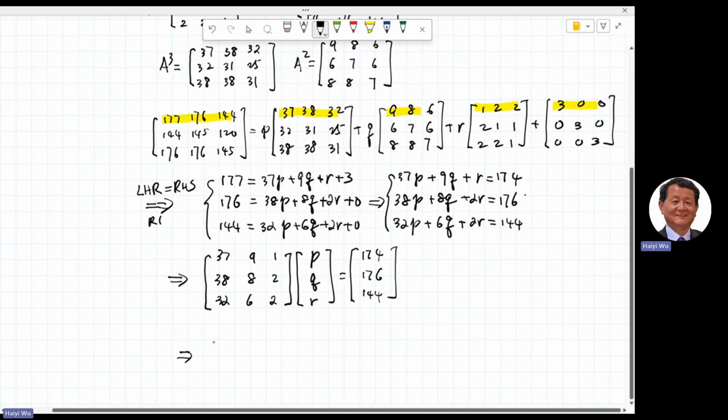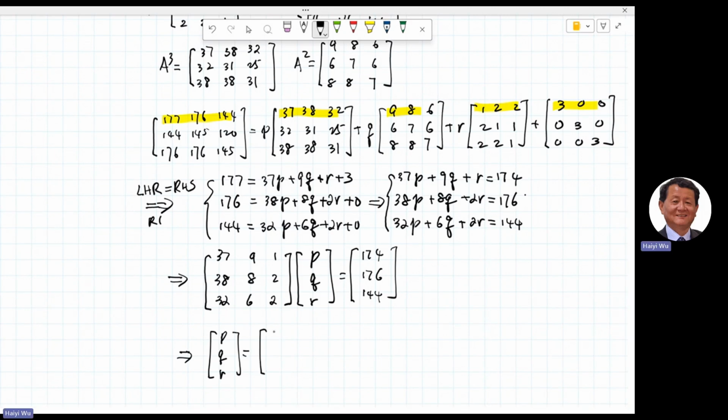To solve it, P, Q, R is the inverse of that coefficient matrix multiplied by 174, 176, 144. You can just enter the data into your calculator and put a -1 as a power.